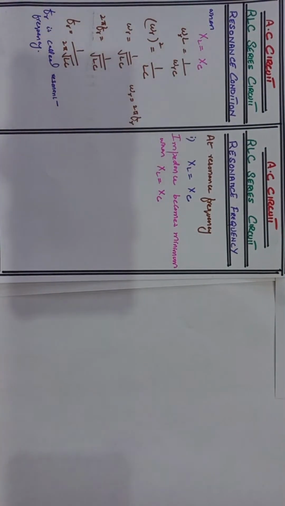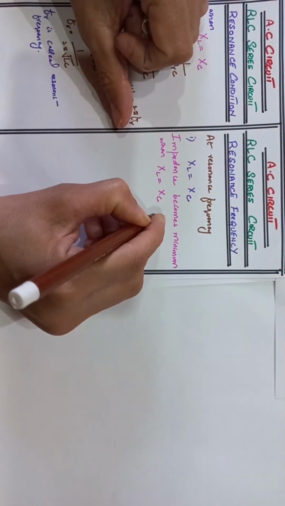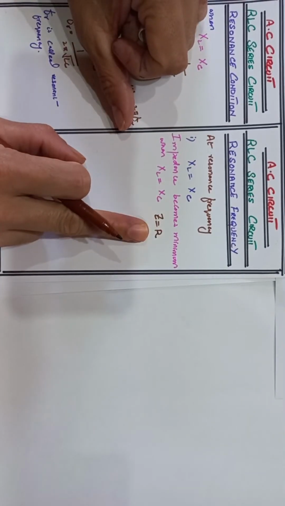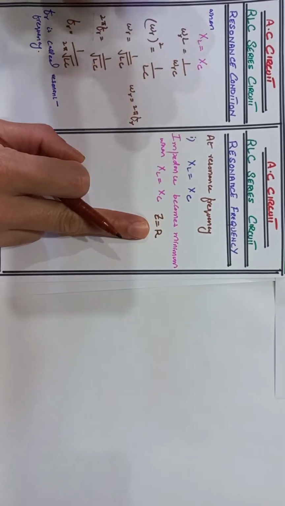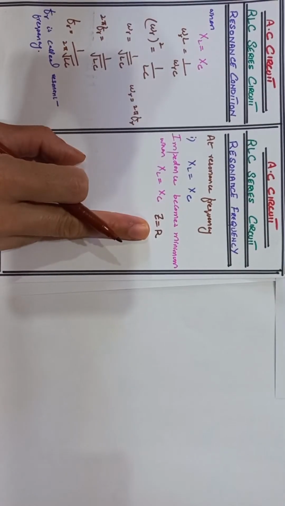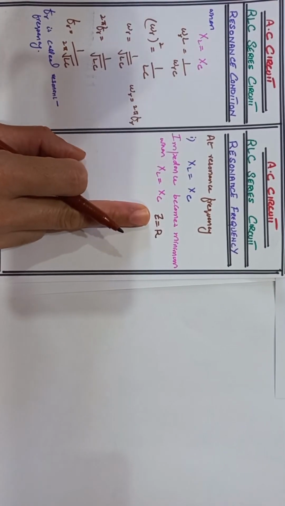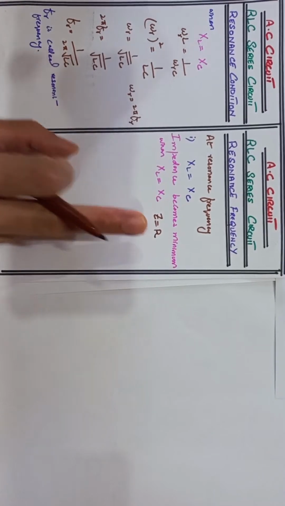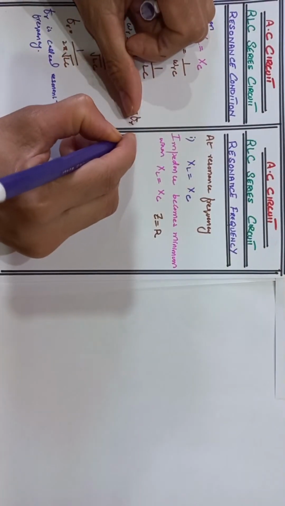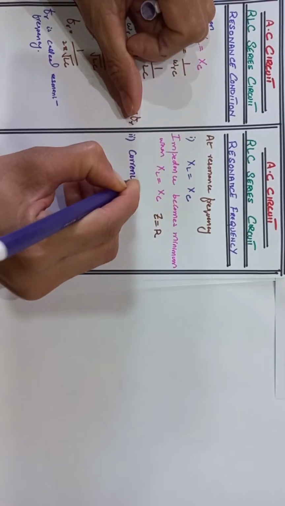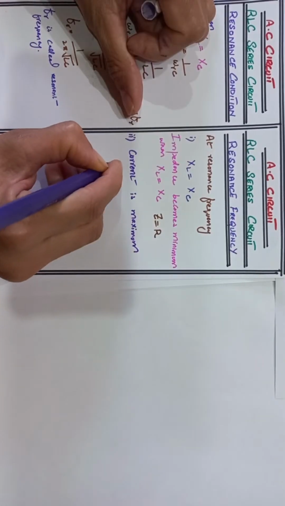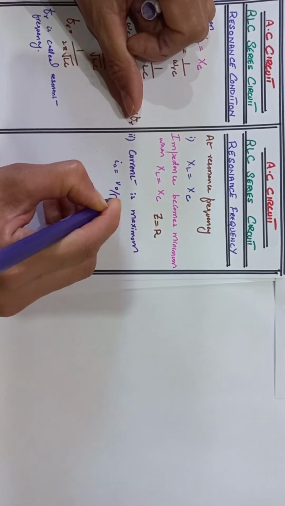When the inductive reactance is equal to the capacitive reactance, then the impedance is equal to the resistor R. When the impedance is equal to the resistor R, this means that the circuit's opposition to the flow of current is minimum. When the opposition offered to the flow of current is minimum, then the current in the circuit is maximum. So here we write the second point, that the current is maximum. When the current is maximum, we can write that I naught is equal to V naught over R.